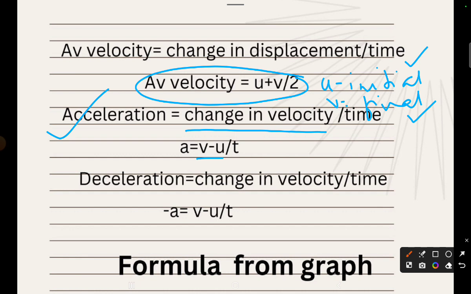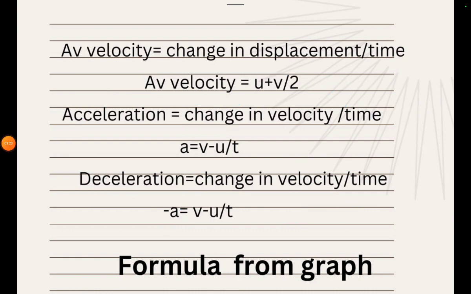Whenever we say change in velocity, we subtract the initial velocity from the final velocity, divided by time. If acceleration is negative, we call it deceleration, or it is also termed retardation. The same thing, change in velocity by time, but here acceleration will be denoted by minus a and the unit will be meter per second square.